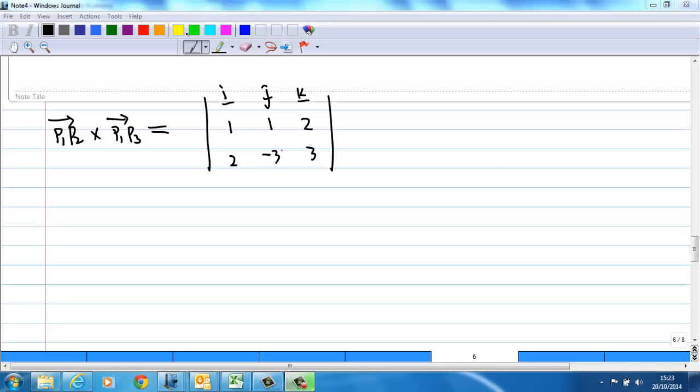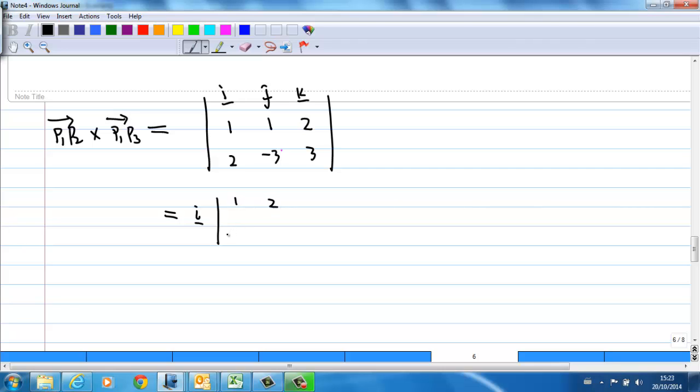Then you can use the cofactor expansion to find this determinant, which is equal to i times the 2 by 2 determinant with rows 1, 2 and -3, 3.